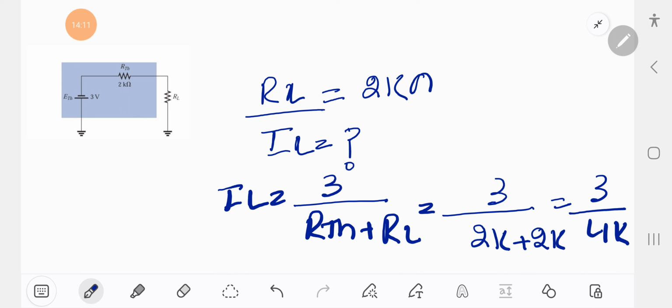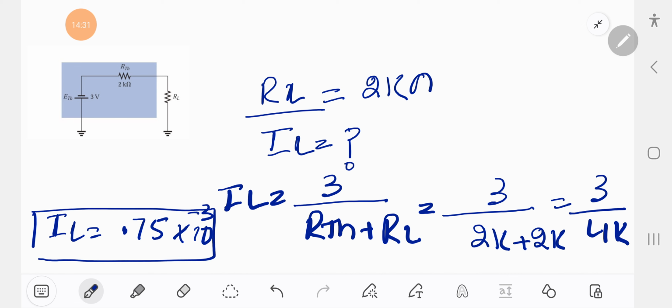Now when we simplify this equation, IL is actually equal to 0.75 multiplied by 10 raised to the power minus 3. So we can easily find the IL current, and we can do so whenever the load resistance is changed.